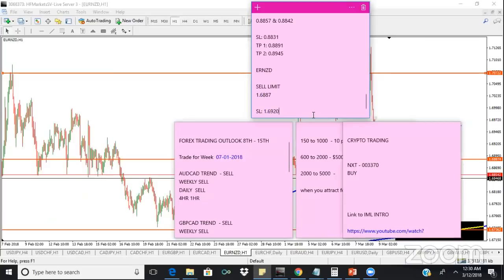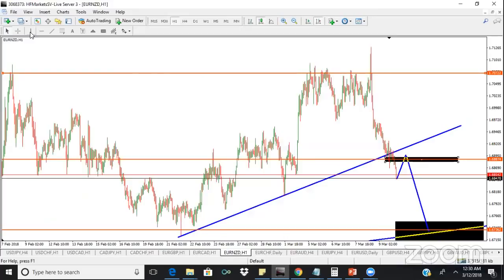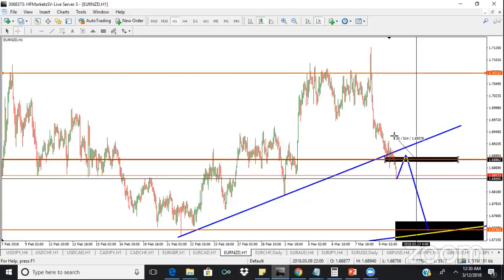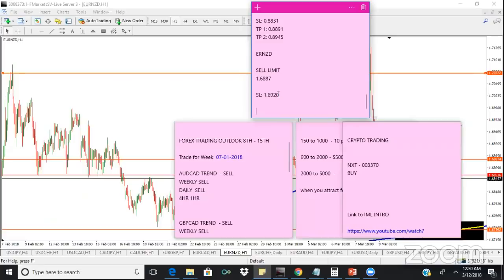So that's 40 pips, so we'll be risking 40 pips here. Okay, let's do 50 pips. That's 69.36.